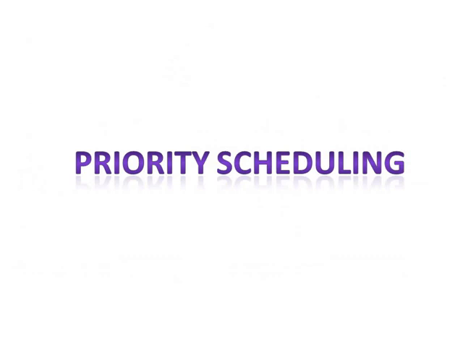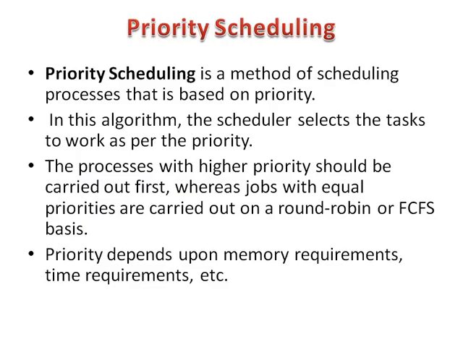Then the next type of scheduling is priority scheduling. Priority scheduling is a method of scheduling processes based on priority.